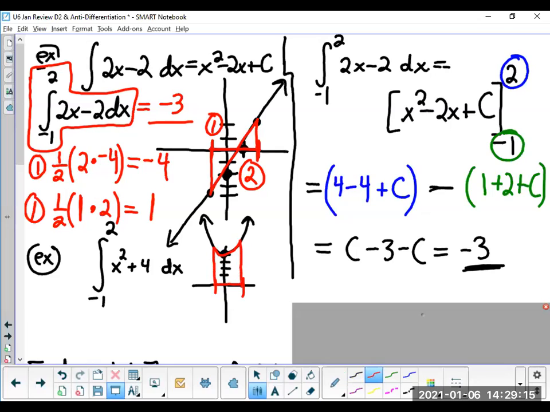That shape right there is not a geometric shape, so I can't just be like, oh, find the area of the triangle, find the area of the other triangle, add them together. I have to, for this non-geometric shape, use the fundamental theorem of calculus. And if I use the fundamental theorem of calculus, find an antiderivative of x squared plus 4, evaluate at 2, evaluate at -1, subtract them, I'm going to get to the area. This works 100 times out of 100.